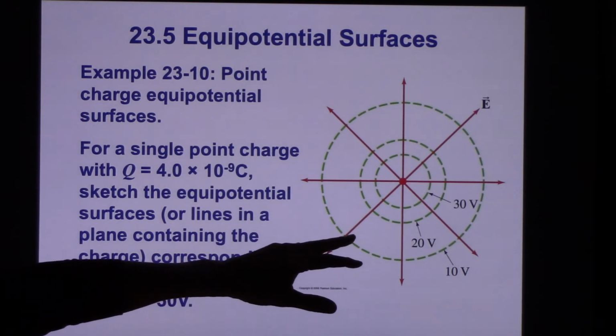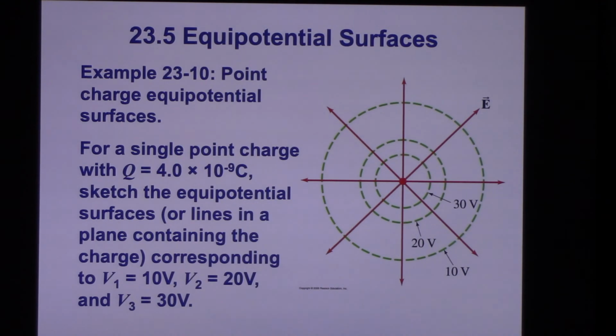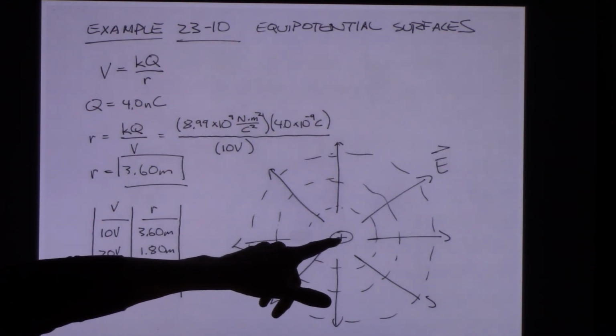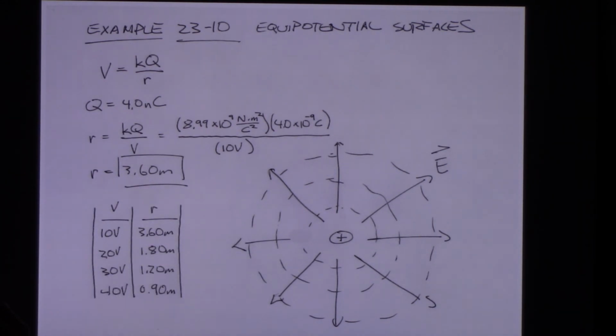So let's take a look at this. We have a charge that's only 4 nanocoulombs. It's not much charge. So here are those equipotential surfaces, and we want to know what the R value will be, where R is measured from the center of the charge out to each of those equipotential surfaces.